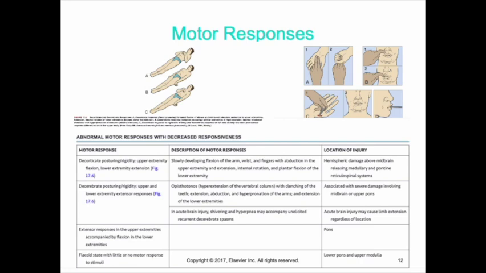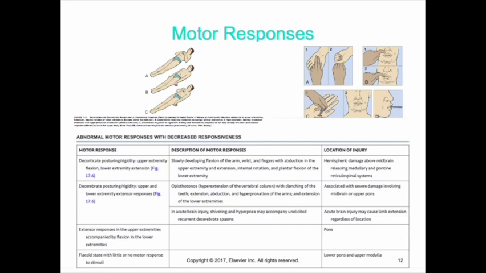When they have decerebrate posturing and rigidity, the upper and lower extremities are both extending outward. So there's an extension response. And what we'll see is this term called opisthotonos, which is the hyperextension of the vertebral column. And your patient will have clenching of the teeth, abduction, hyperpronation of the arms, extension of the lower extremities.